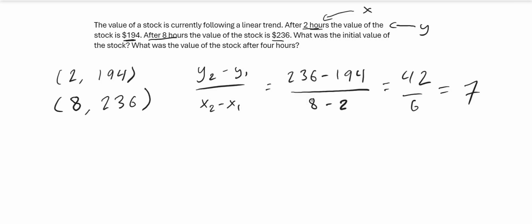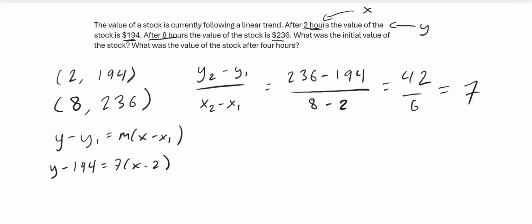Okay, so now we have our slope, but we want to find our initial value of the stock. So we can do that using the point slope form equation. So that would be y minus y1 equals m times x minus x1. So if I put that in, we can pick any point here. I'll use 194. y minus 194 equals 7 times x minus 2.